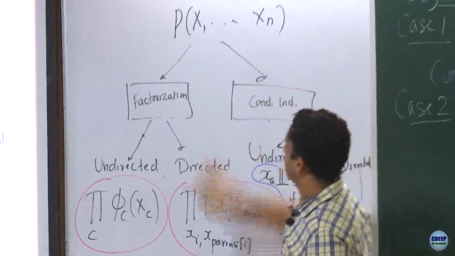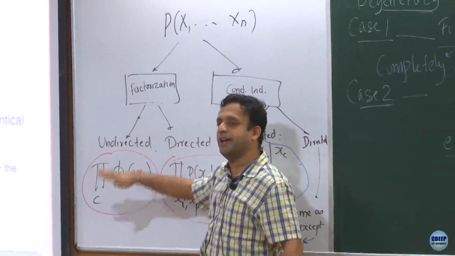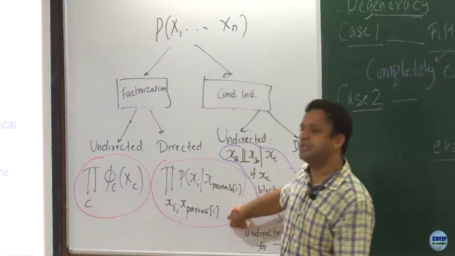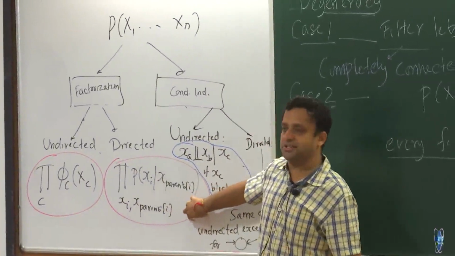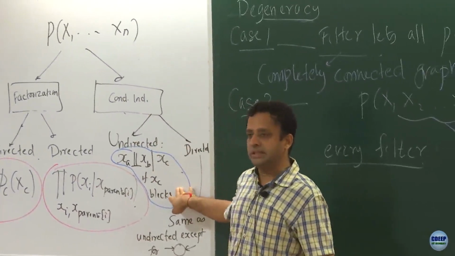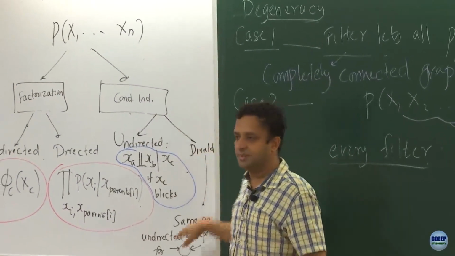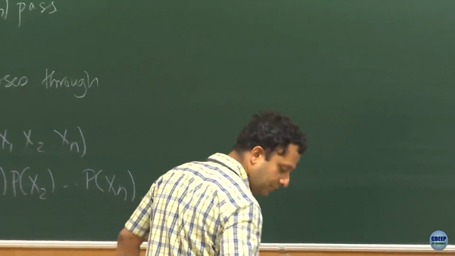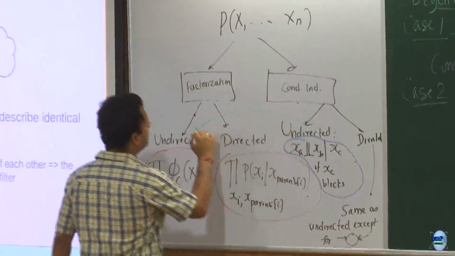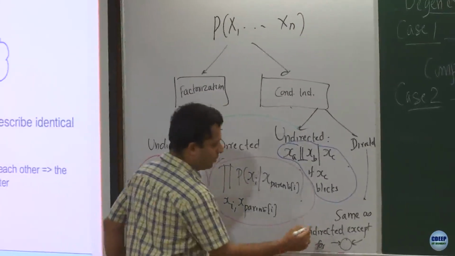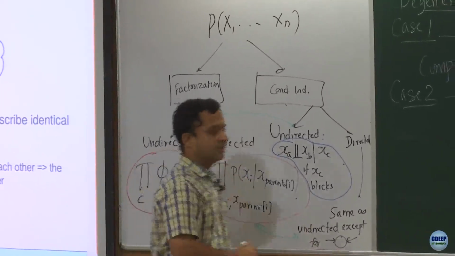This is all P, these are only those which satisfy factorization over maximal cliques. This is all P, these are only distributions which have this factorization. This is all P, this is only those distributions where you have the conditional independence. And we have seen that these are equivalent. I only intuitively showed it; the proof is of course beyond the scope of this.